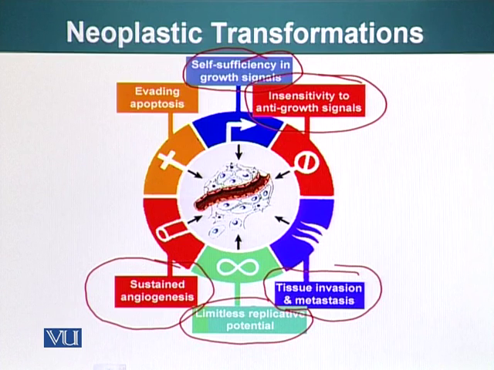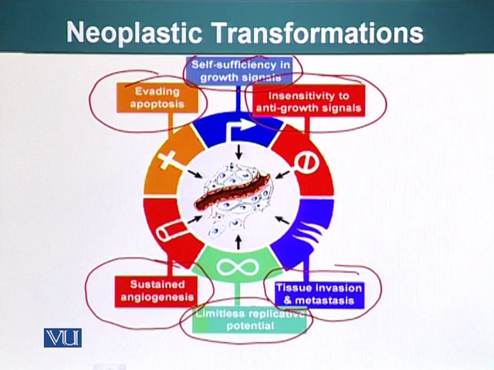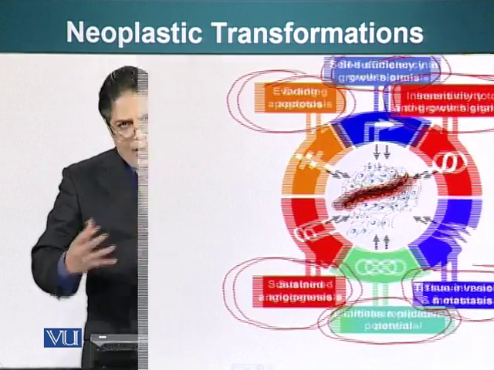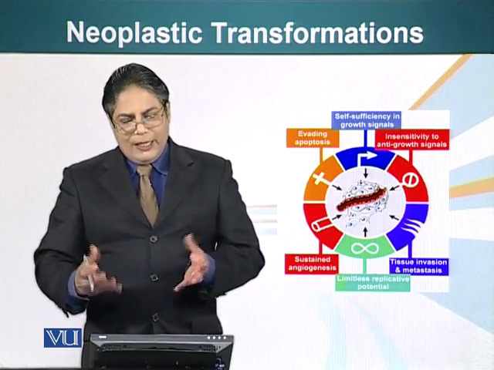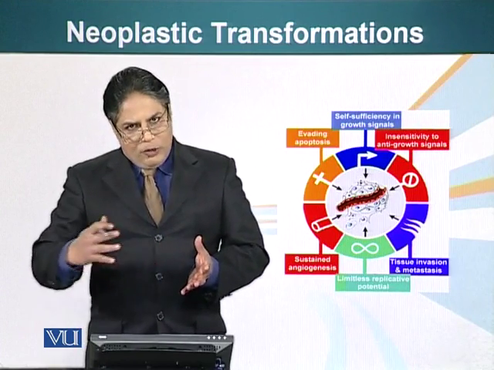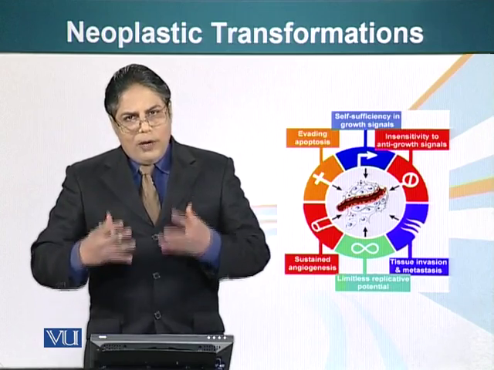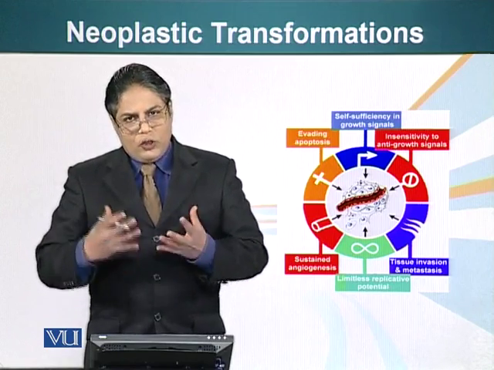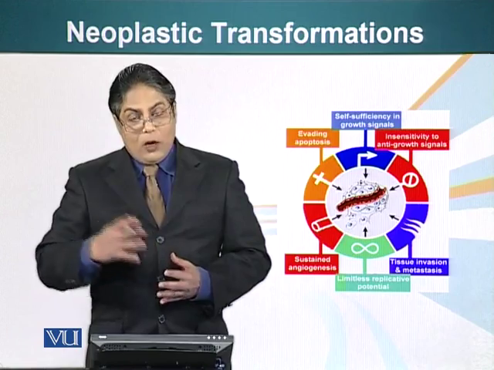And of course, these cells have to evade apoptosis, programmed cell death, because every time there's a change in a cell, there are special gene products that are sensing changes in the cell, and if the cell has changed, these products cause cells to go through apoptosis, programmed cell death, or suicide. So these are some of the challenges a newly formed neoplasm or cancerous tissue has to overcome in order to be viable and cause disease.